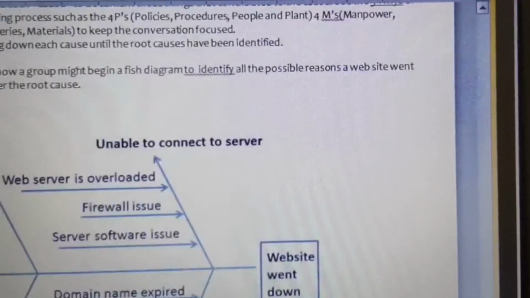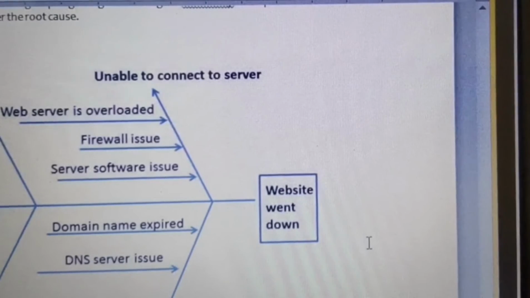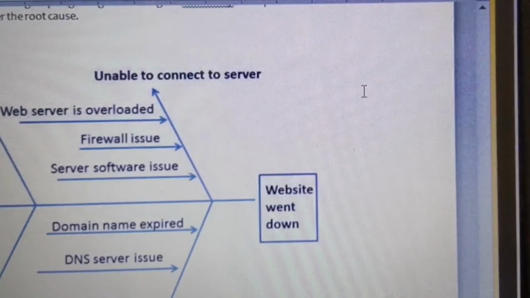It's just like that. Very simple. I need not discuss the fishbone diagram further because it is easy.